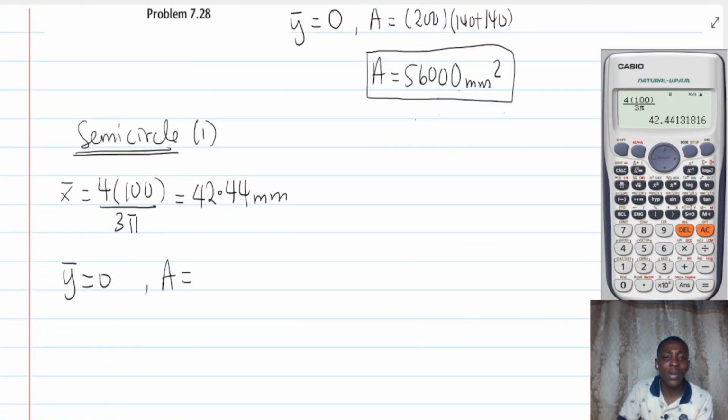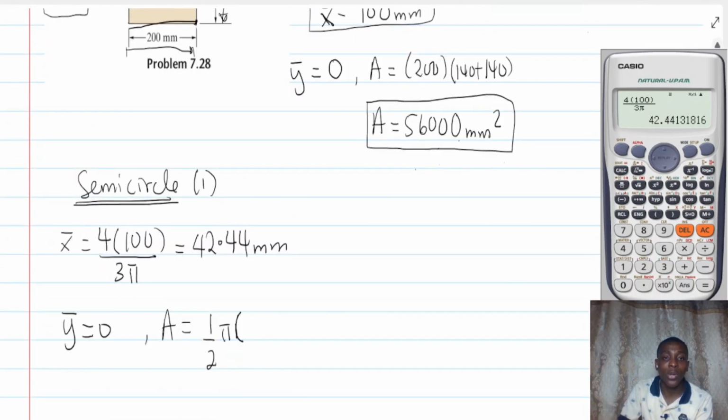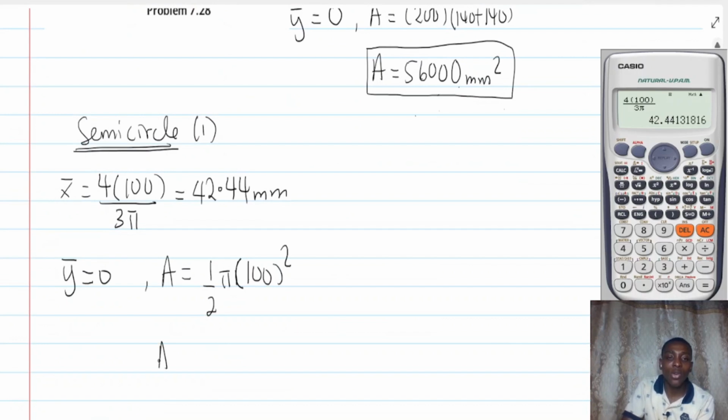But what is the actual area? The area is going to be half pi r squared, right? That is half of the area of a circle, because it's a semicircle. So half times pi times 100 squared, which is 1 half multiplied by pi multiplied by 100 squared.